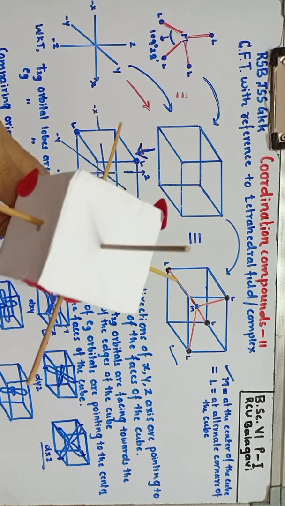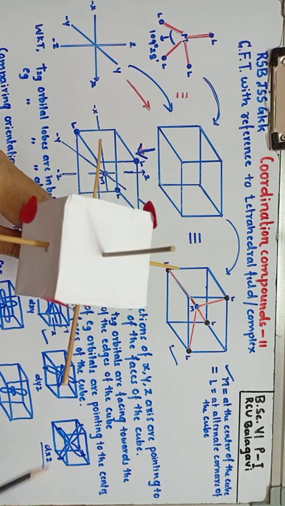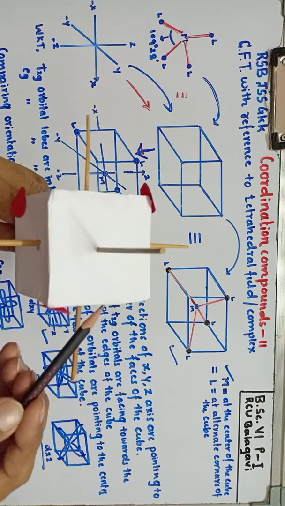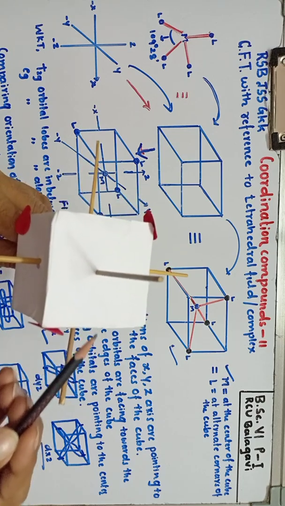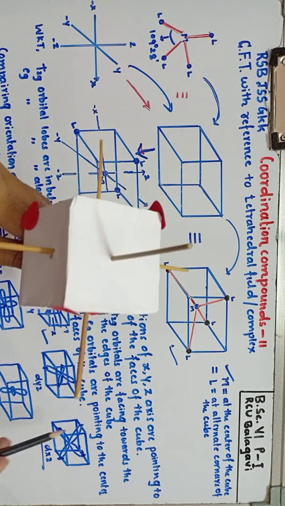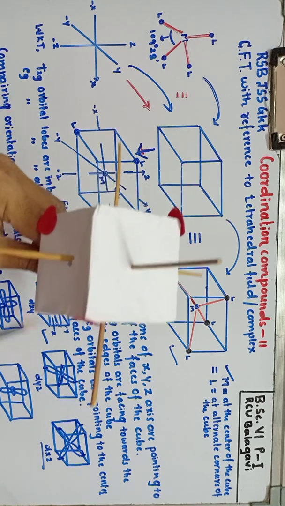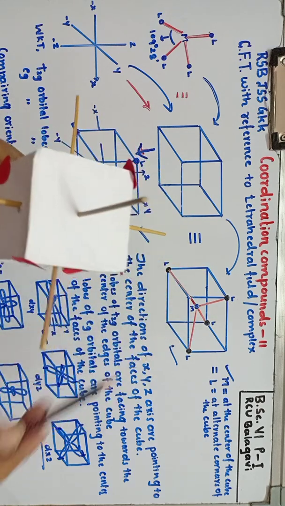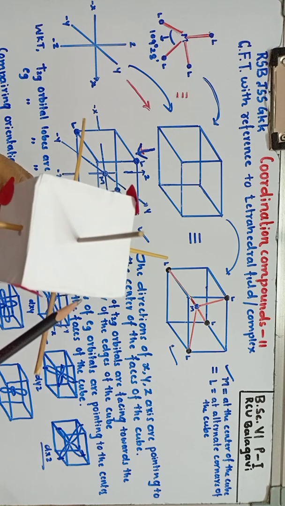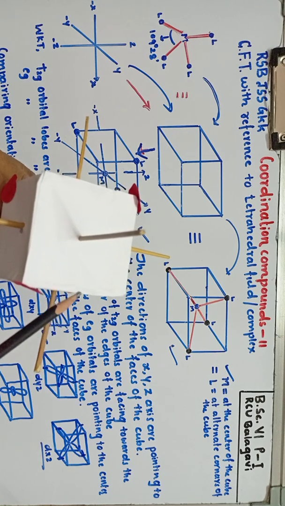So that means here if you consider dxz orbital, with x-axis, y-axis and z-axis, the lobes will come here exactly. T2g orbital lobe will come here. Okay. So therefore, when you compare the direction of lobes of the T2g orbitals in a simple cube, the T2g orbital lobes will exactly pass through the center of the edge of the cube.